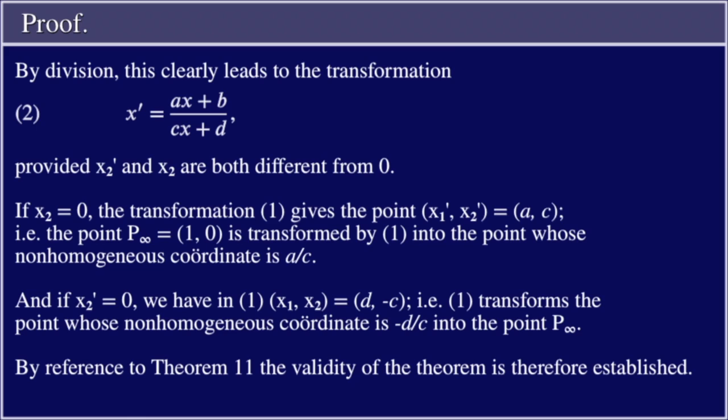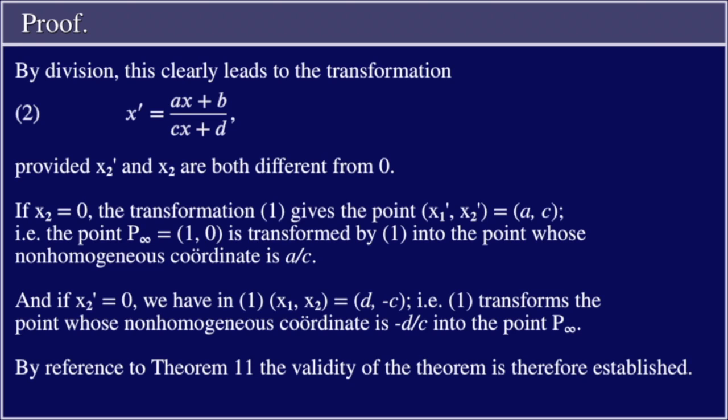x prime is equal to ax plus b divided by cx plus d, provided x2 prime and x2 are both different from 0. If x2 is equal to 0, the transformation, equation 1, gives the point x1 prime, x2 prime equal to a, c, i.e., the point P infinity equal to 1, 0 is transformed by equation 1 into the point whose non-homogeneous coordinate is a divided by c.